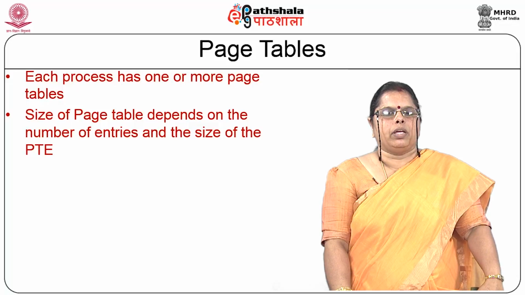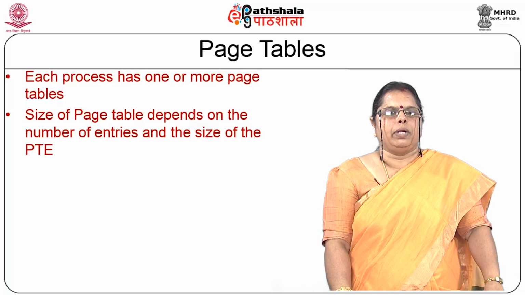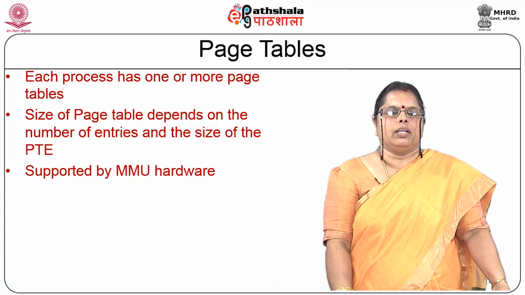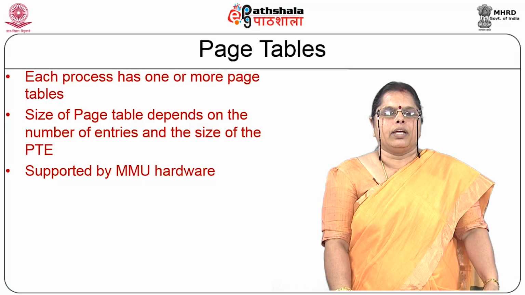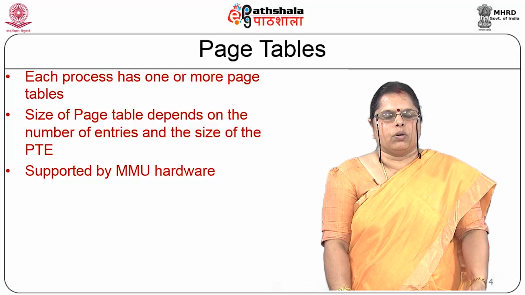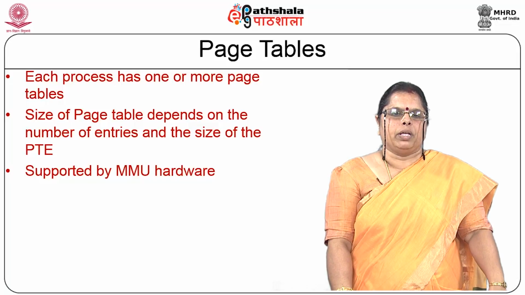The size of the page table depends upon the number of entries and the size of the PTE itself. Say for example, if you have 2 power 10 entries and every page table entry is a 4 byte entry, then I have 2 power 10 into 2 power 2, that is 4. So, you have 2 power 12, that is the size of a page table.